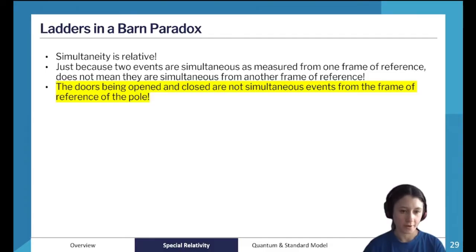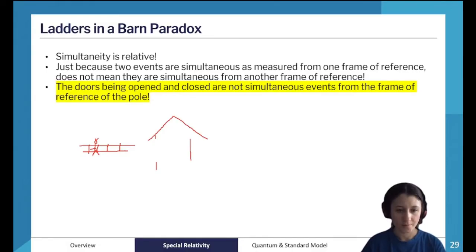Actually, I'll draw a diagram. So she's running in the ladder. Here's the barn. Alright. So when she's running in, this front door is open. Alright. She's running in, running in.